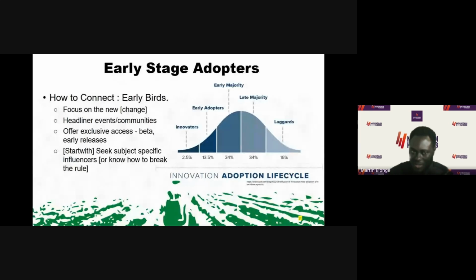So early adopters are drawn to this kind of thing. They're drawn to the innovation, to the newness, whether you're augmenting a product or a service in a particular way, or it's something completely diverging from the existing versions of it. They are very much into this.